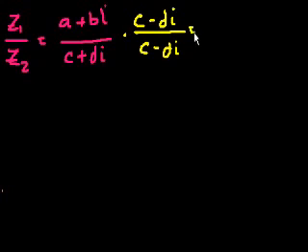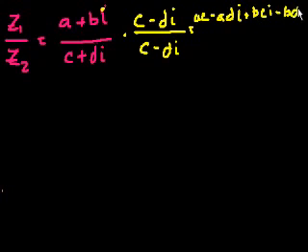In the numerator, we get ac, so a times c, minus adi, plus bci, and then the last term, we have b times di times minus, so it's minus bdi squared.